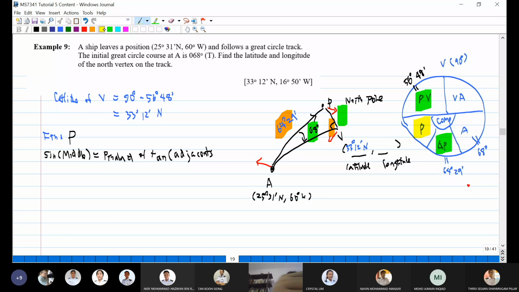Sine of middle part, for which I use yellow here. Adjacent I use green here. Product of tangent of adjacent. The middle part happens to be in the lower view, so I need the complement. So this is sine co-P, and then the product of tangent. PV is on top of the view, so PV is okay, but AP you need tangent of the complement.